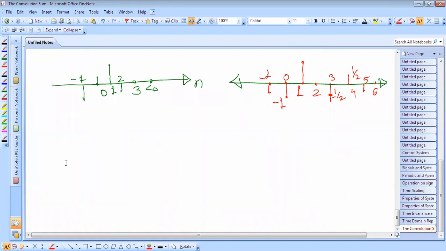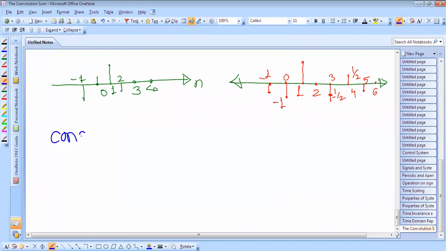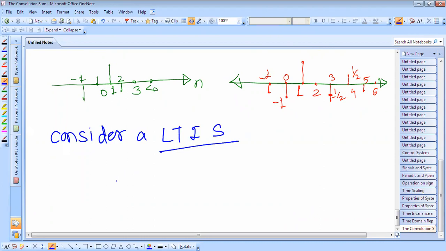Now consider a linear time invariant system representing the two-path propagation channel.